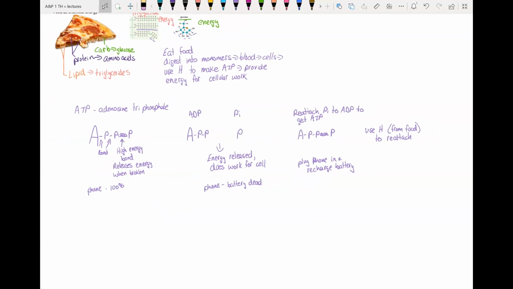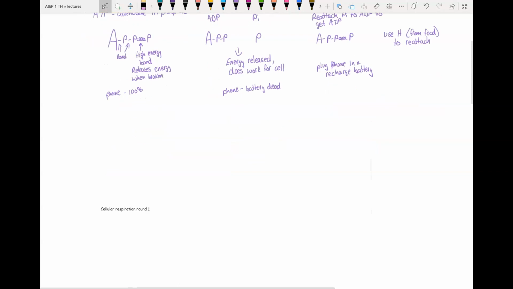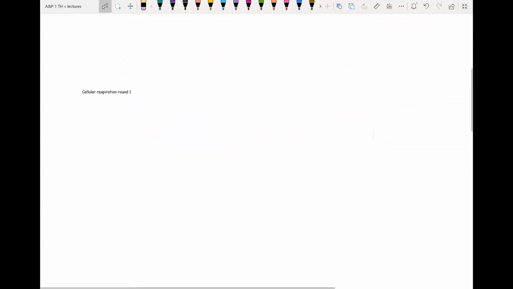So now let's start looking at how this happens. And if you notice in your book, in your binder, it says like round 1, and then in a few pages you have round 2 and round 3. This is a very complex topic. It's covered in every biology class just about, and it's just one of those things that really gets students down. So I've broken it down into little bits, and I take a simplified view of it. So you may have learned a lot more detail and complexity in other classes.